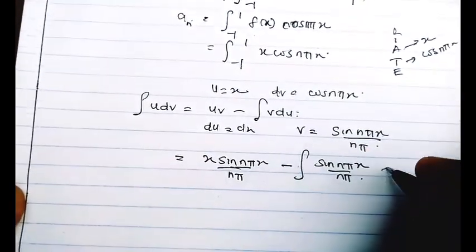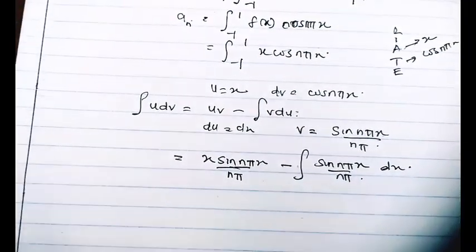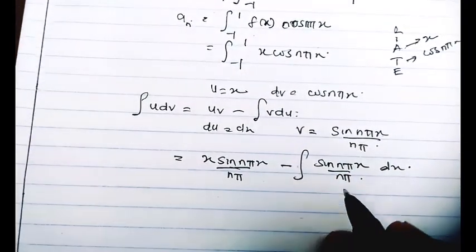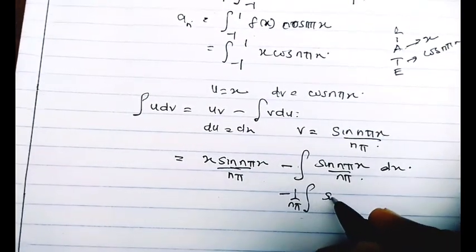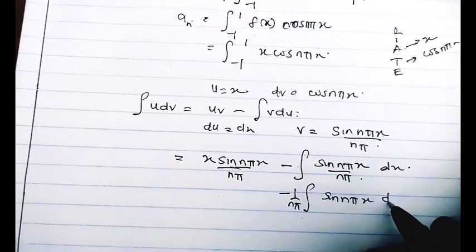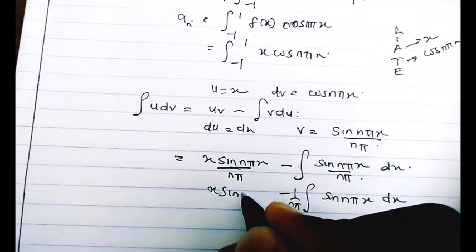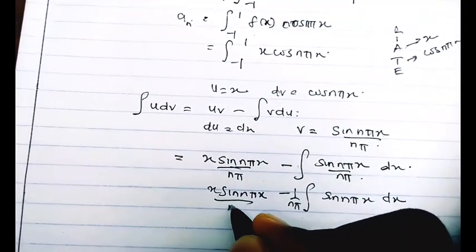My du is just dx, right? So taking the constant to the back of the integral sign, the constant here is 1 over n pi. So you have 1 over n pi integral sine n pi x dx. This is x sine n pi x over n pi.